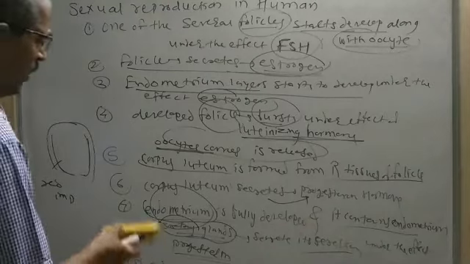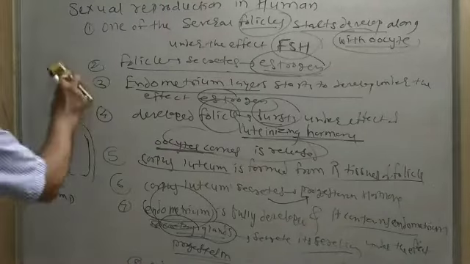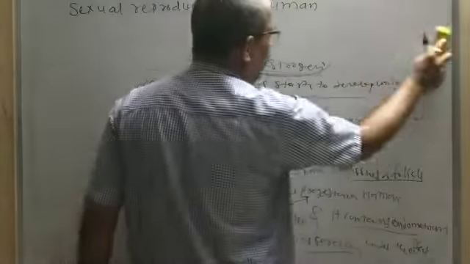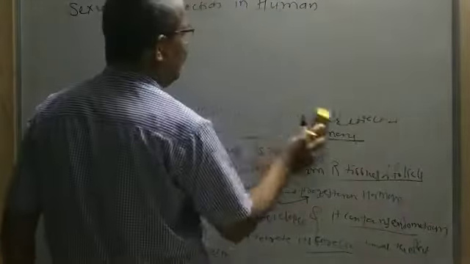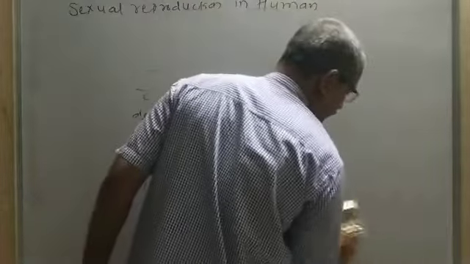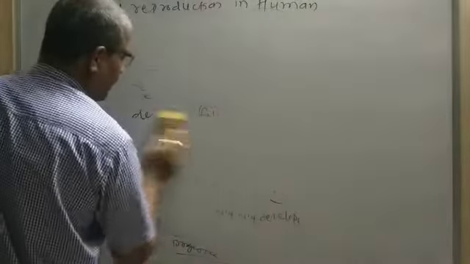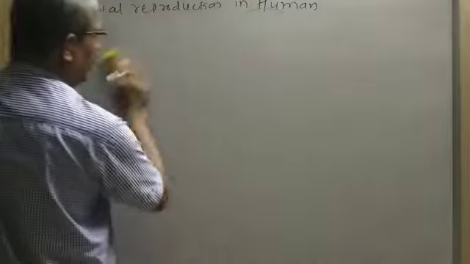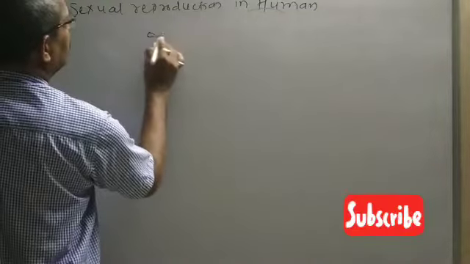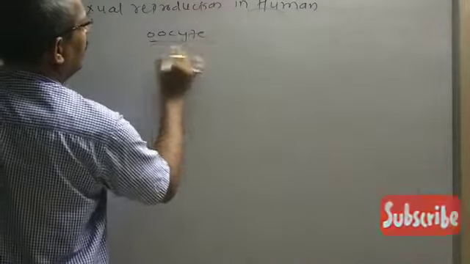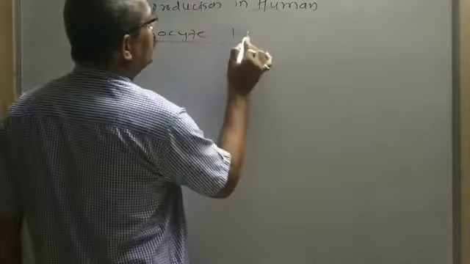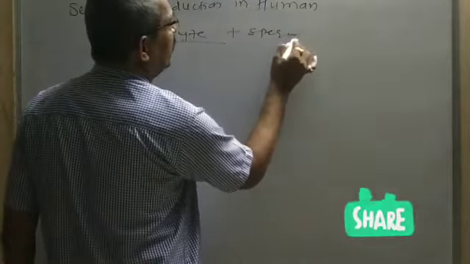Now all these processes take place, but what happens if the oocyte is not fertilized? The oocyte is ready to fertilize, and it is waiting for the sperm cell.